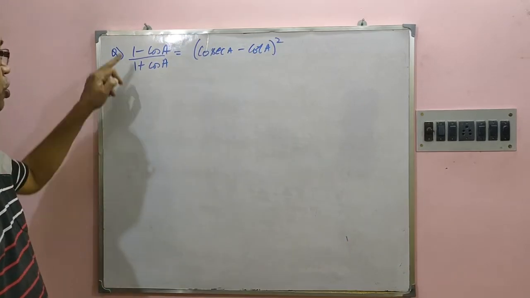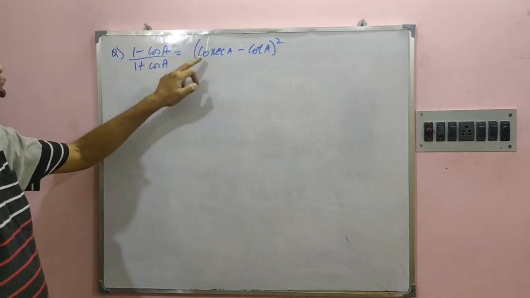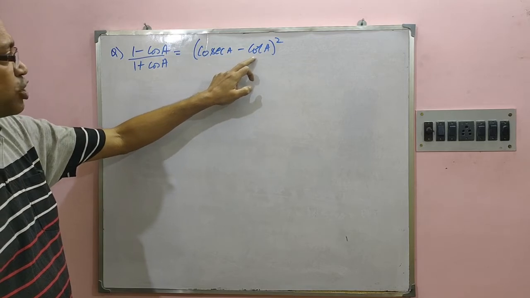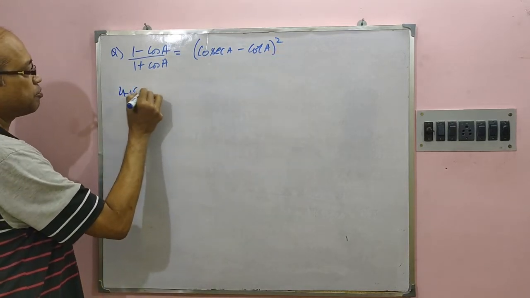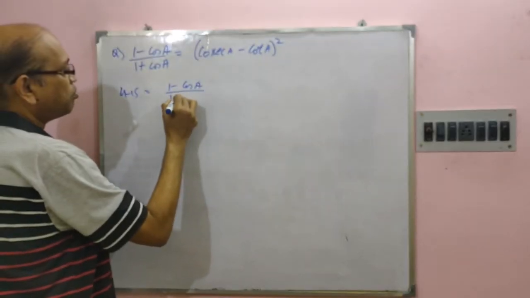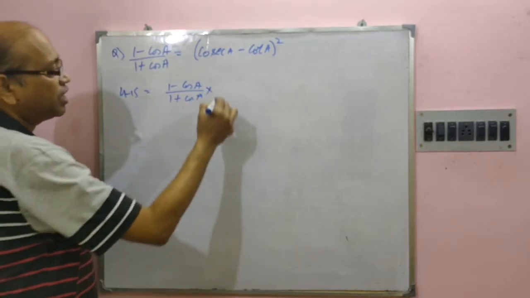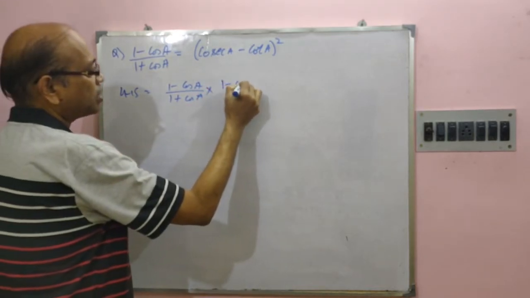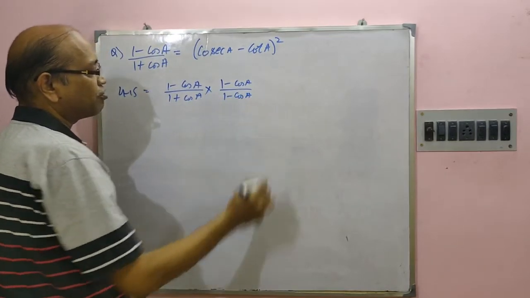The next question: 1 minus cos A by 1 plus cos A is cosecant A minus cot A whole square. Left hand side: 1 minus cos A by 1 plus cos A multiplied and divided by 1 minus cos A. Why?